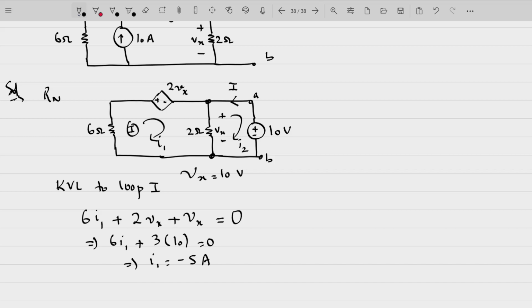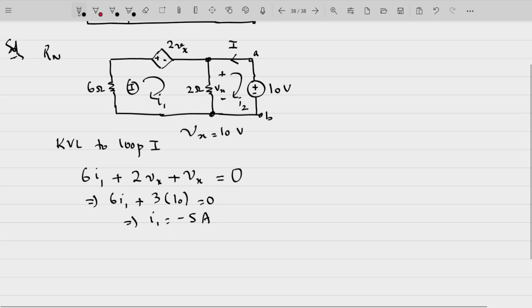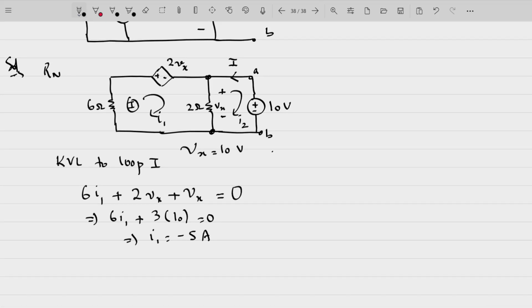So that is the current I1 found. What will be the value of I2, because I'm more concerned with I2. Voltage across the 2 ohm, voltage across this is 10 volts. 2 into (I1 minus I2) is equal to 10.